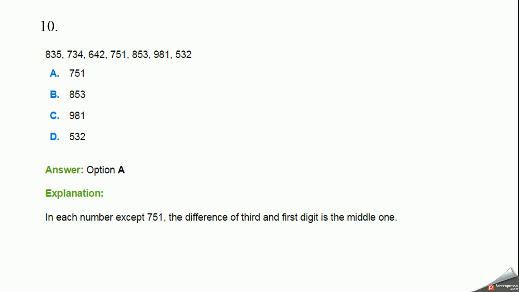Next number, 7 minus 4 equals 3. 6 minus 2 equals 4. 7 minus 1 equals 6, but the middle number is 5, so the odd man out number is 751.